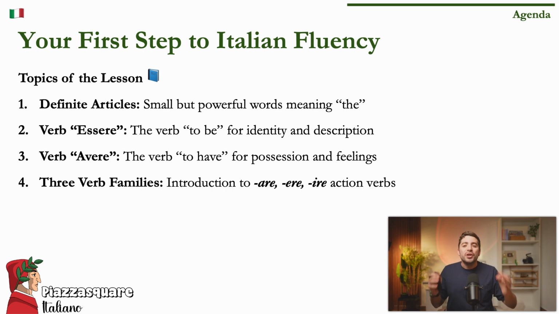Fourth, the 3 verb families, a simple introduction to the are, ere, and ire verbs that form the backbone of Italian action words. My promise to you is that by the end of this short lesson, you'll be able to form real grammatically correct sentences in Italian. You'll feel a sense of accomplishment and, more importantly, a sense of what's possible.